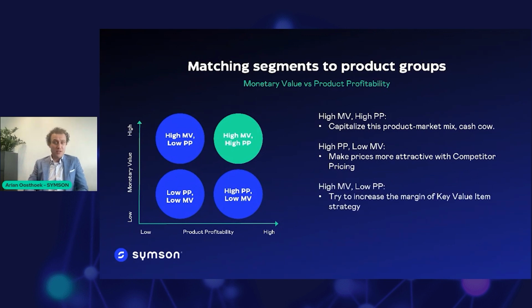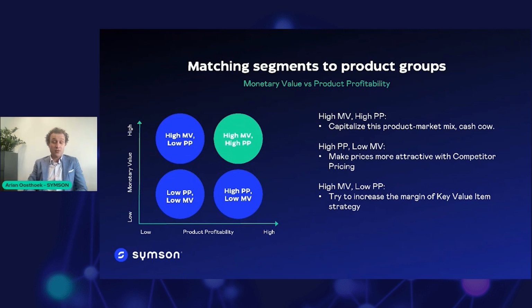Another tactic could be for the high monetary value but the low product profitability. And there a tactic could be to try to increase the margin, because we have already a lot of monetary value, so a lot of customers are buying these products. But how can we increase the margin of this quadrant? So how can we, for example, promote more higher margin products to these accounts?